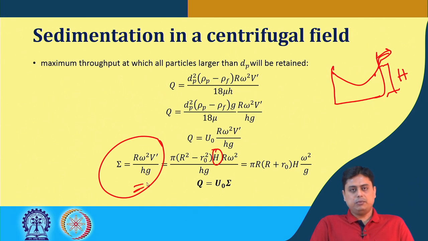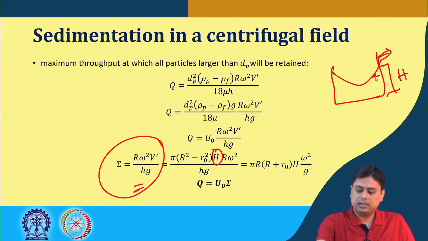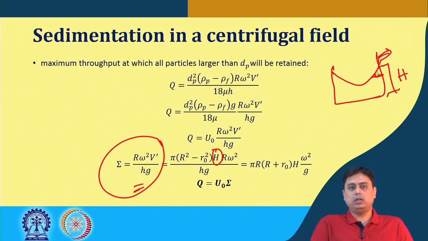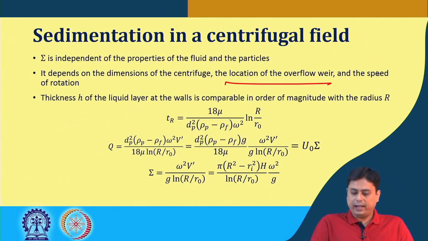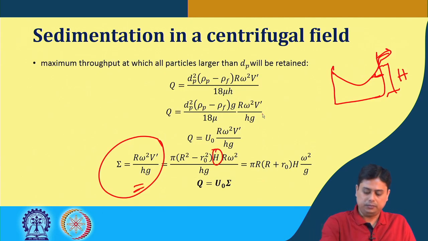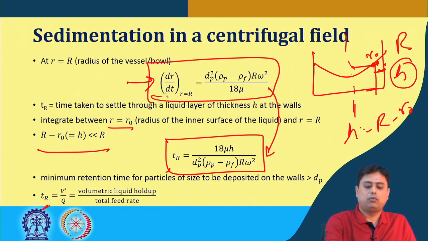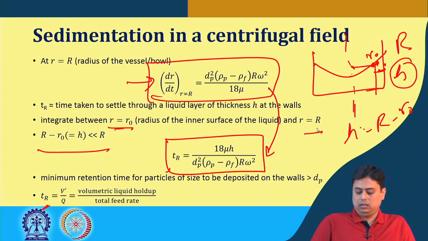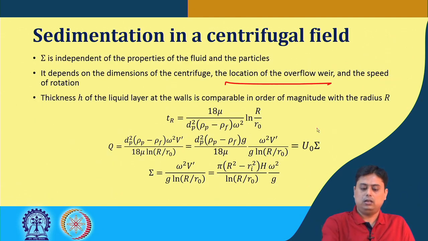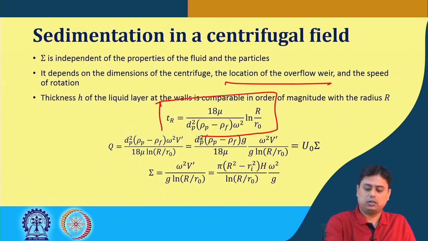Now, here the assumption was that this H, the thickness of the liquid, is very small compared to the dimension or the radius of the centrifuge. But if that is not the case, then the integration of this expression from R0 to capital R results in this generic expression.